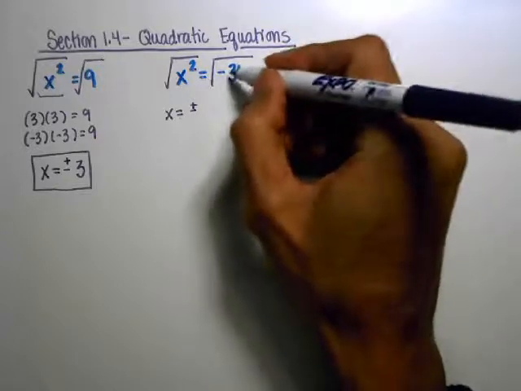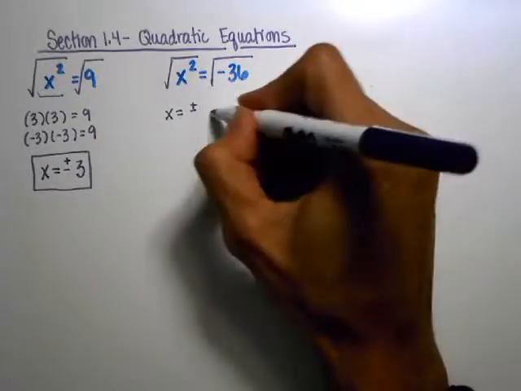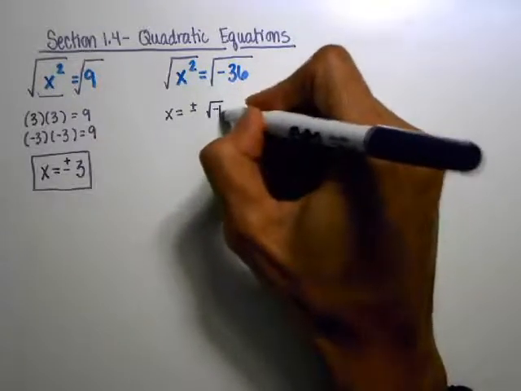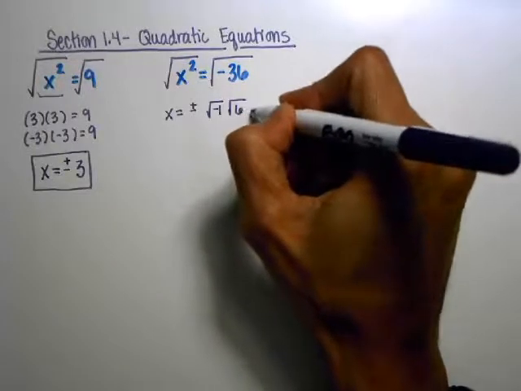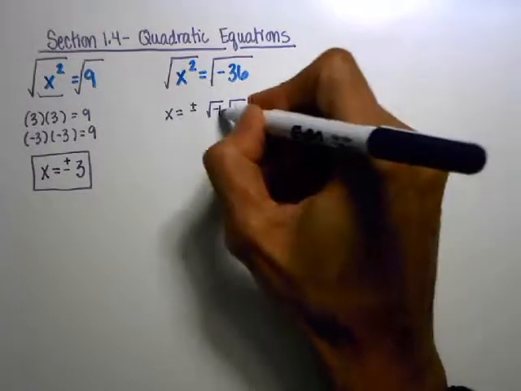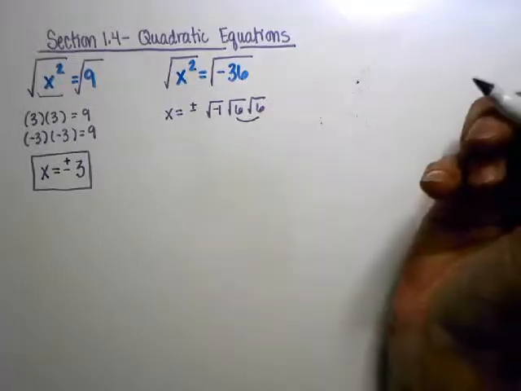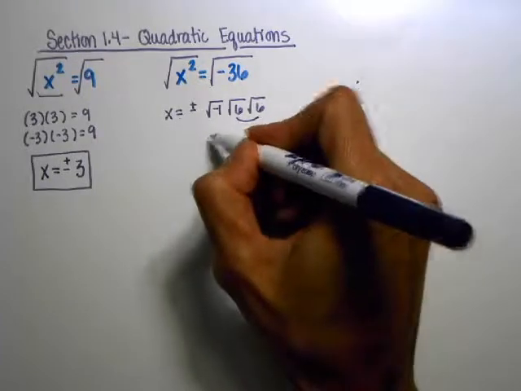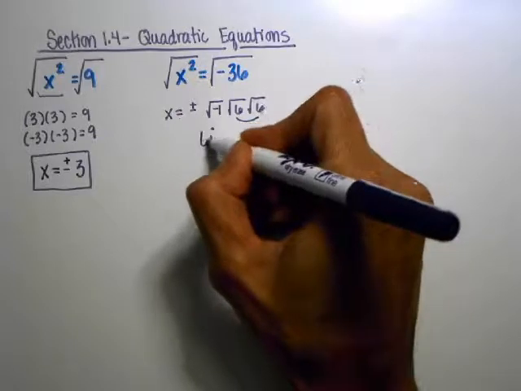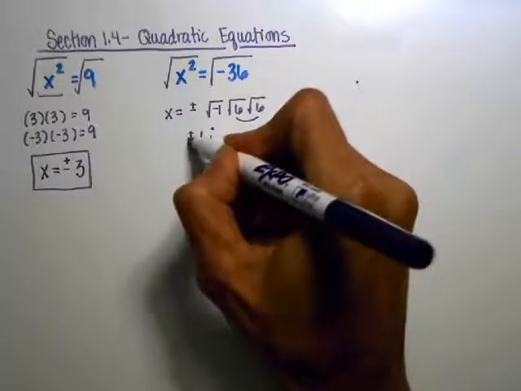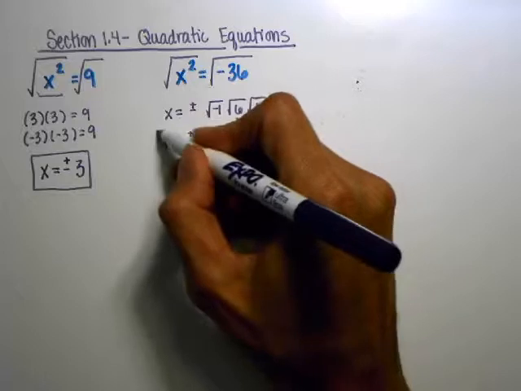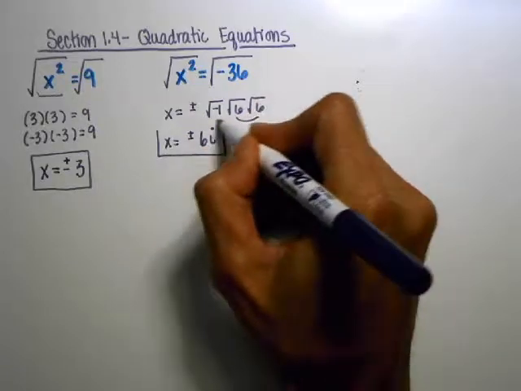And again, whenever we have that negative inside the square root, we want to break this up as negative 1 times the square root of 36. So negative 1 square root, square root of 6 squared. When we do that, we get i times 6, plus or minus, and that would be the answer for a problem that looks like this.